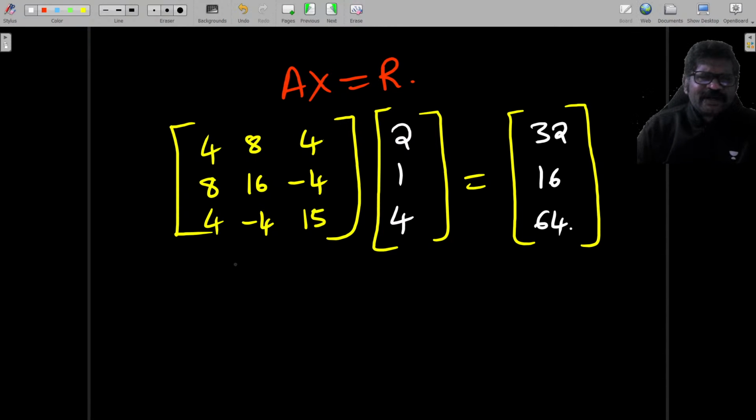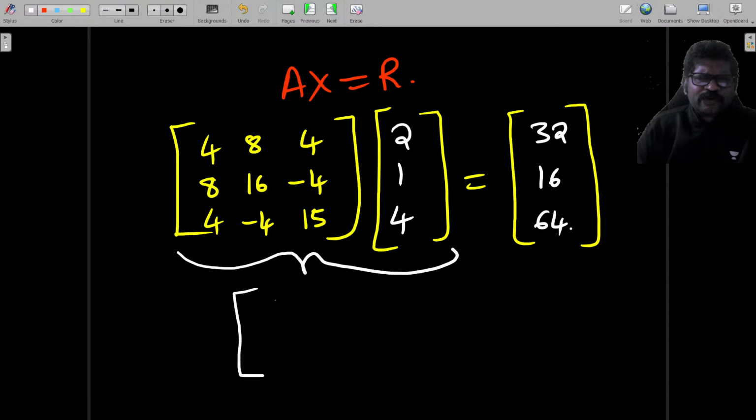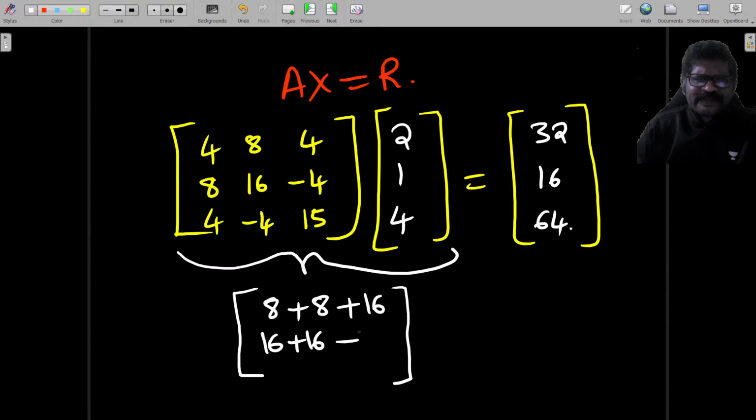Now, if you multiply LHS, you will get 4 times 8 plus 8 plus 16, 32. 16 plus 16 minus 16, 16. 8 minus 4 plus 60, 64.